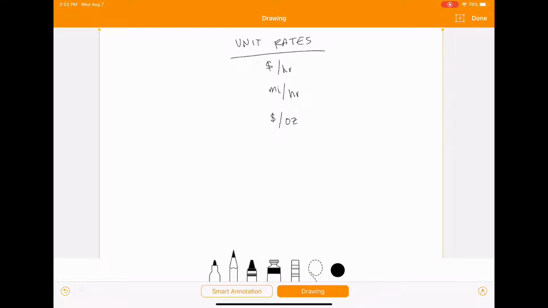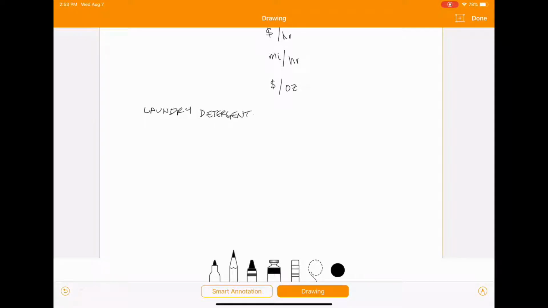So, for example, if we were trying to compare, let's just say, two different kinds of laundry detergent. And detergent number 1, its size is 20 ounces. And it costs $6.